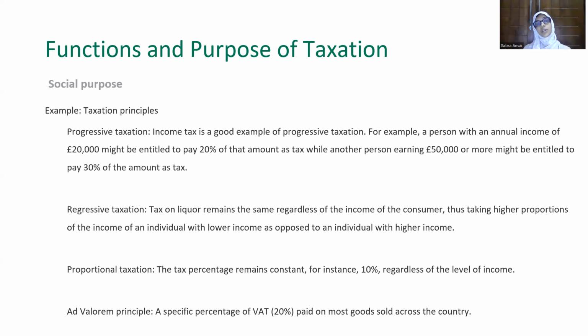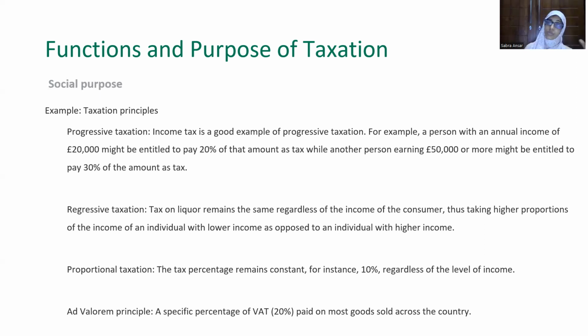So for every person there will be a specific tax that is given. If it's, I'm just saying, $10, then from everyone it will be the $10 that is being taken in. So for an individual with a lower income, say the person earns around 1,000 pounds, out of 1,000 pounds, 10 pounds is a big amount.